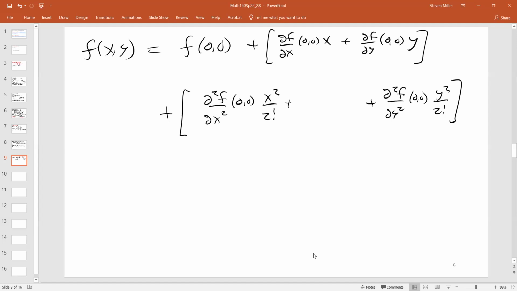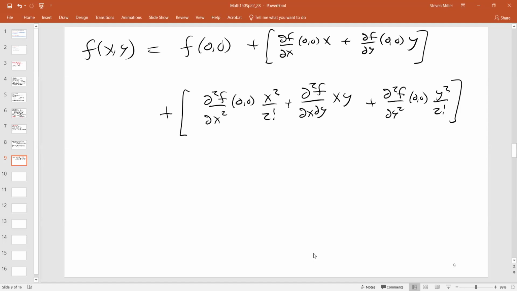And so I could have d squared f dx dy and d squared f dy dx. But if my function is nice, what do I know about those 2 derivatives? They should be the same. So for nice functions, it should be d squared f dx dy times xy.